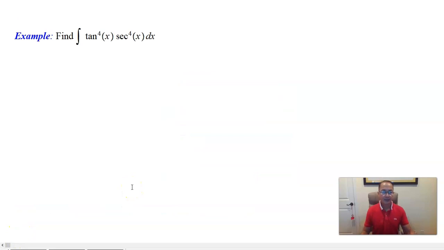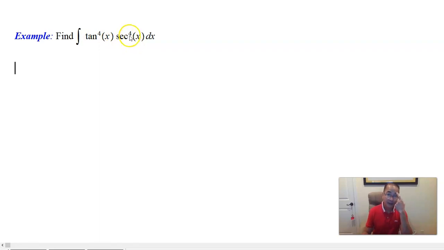So we're going to do a couple of examples where there are actual powers of both tangent and secant in the same integral. When that happens, again, there are no fast rules to follow. Try to use substitution, integration by parts, whatnot. We have 4 tangents, we have 4 secants as well.